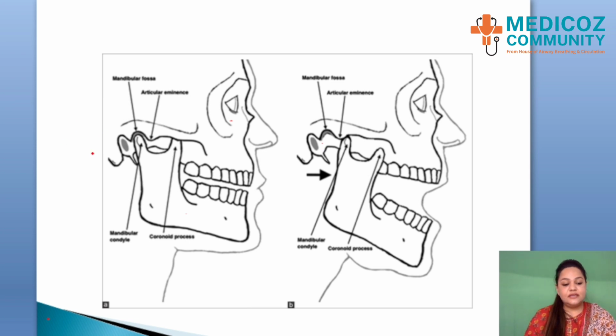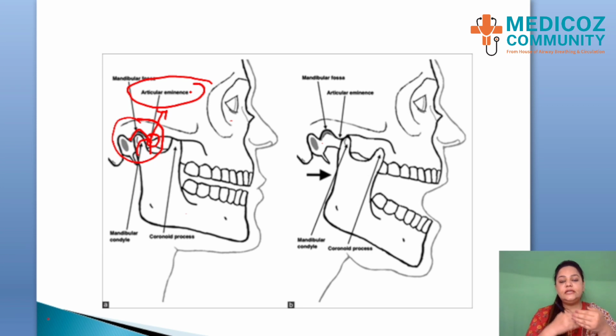This is the image which is showing the temporomandibular joint, where you can see the head of the mandible. It is here within the mandibular fossa of the temporal bone. Anterior to this temporomandibular joint, there is the tubercle which is called the articular eminence or articular tubercle. This articular tubercle prevents the anterior displacement of the head of the mandible.